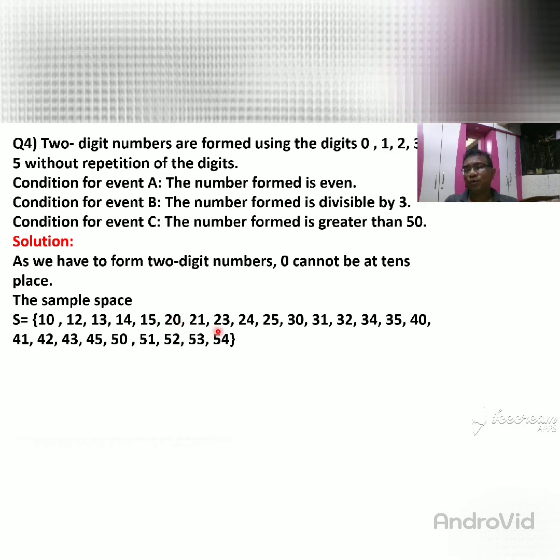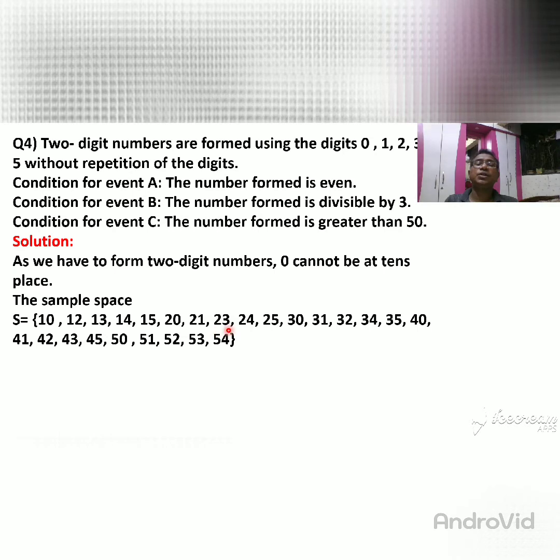Don't write 22, because there is repetition of the number. You understand? Why not write 11? Why not write 22? Because if you write 11 there is repetition of 1, so it is not allowed. Writing 22 has repetition of 2, which is also not allowed, because repetition is not allowed.